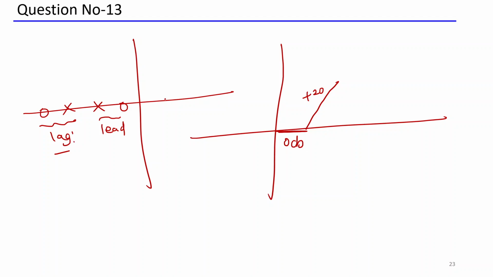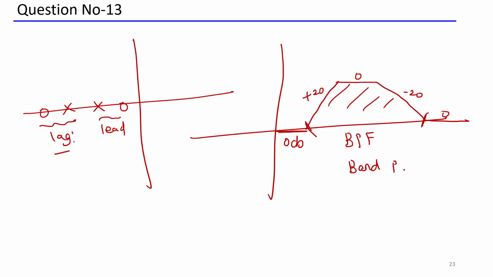Then I encounter a pole, so you have to come back like that. 0, then again -20, 0. So you can clearly see a band pass filter. It is allowing the signal only within some range. This is the minimum frequency, and this is the maximum frequency. So this is the band pass filter. Like that, in the examinations you have to identify which type of filter is given to you.